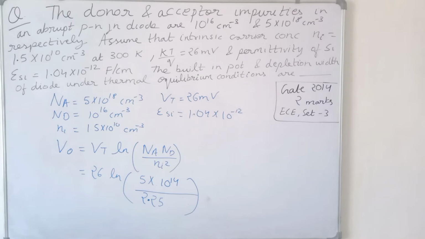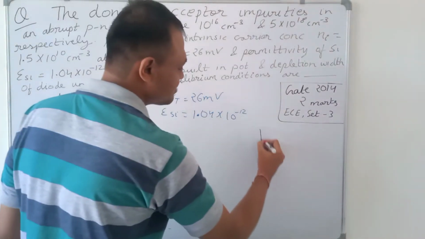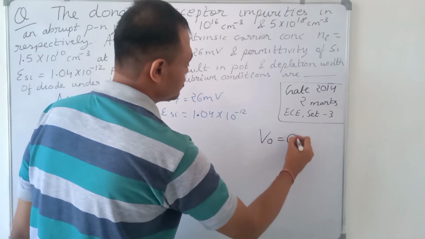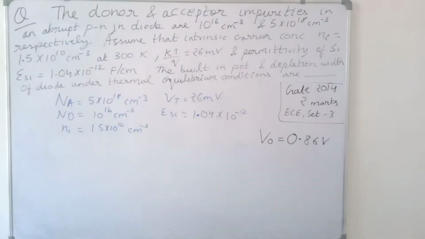If we solve it, then we will get the answer as 0.8. Our main motive should be to use the virtual calculator as little as possible in these questions. So the value of built-in potential is equal to 0.86 volt.